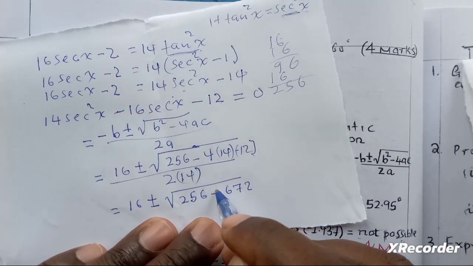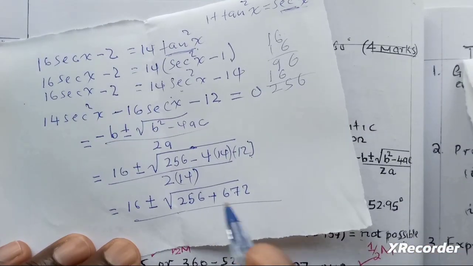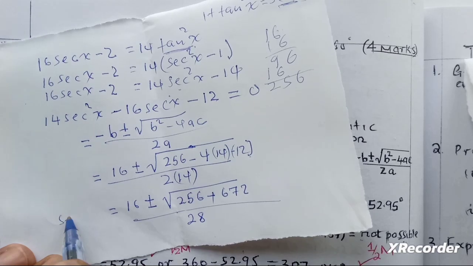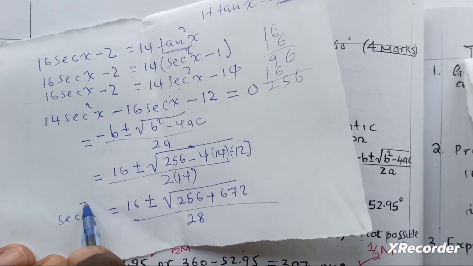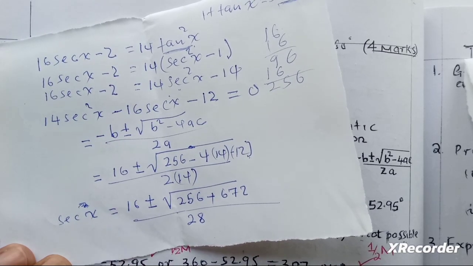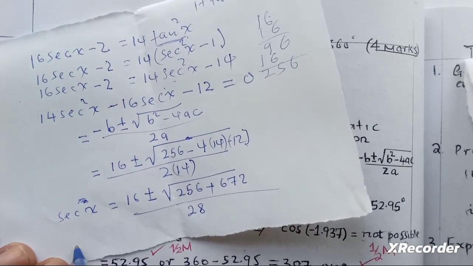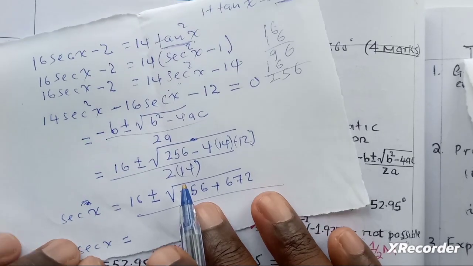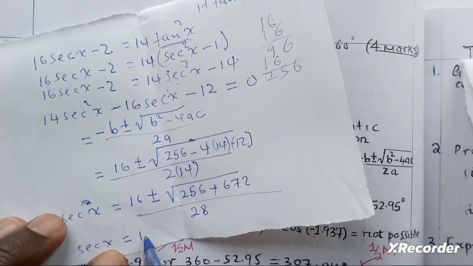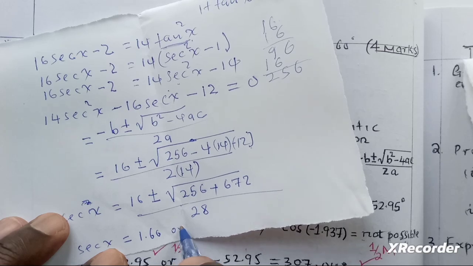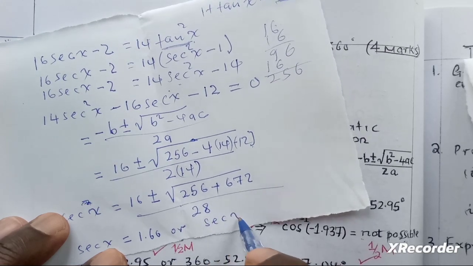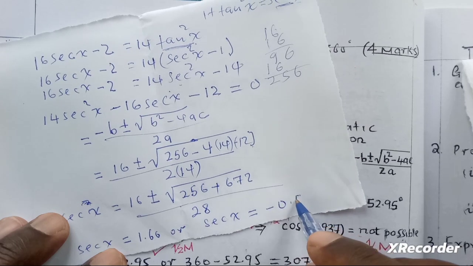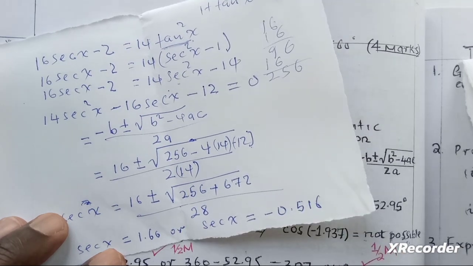And now this one is going to be a plus. You divide that by 28. If you work out your sec squared, that is sec x, with that formula you'll get sec x equals 1.66, or sec x equals negative 0.516.